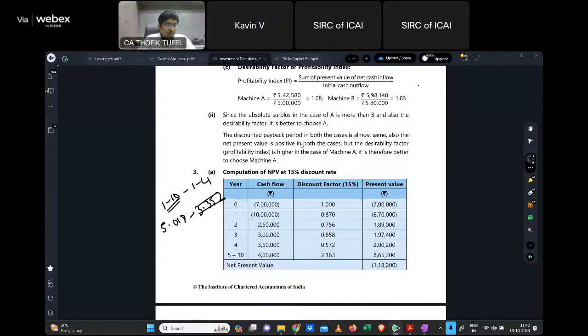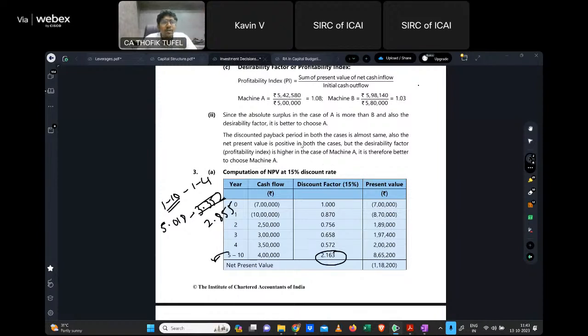So 1 divided by 1.15, 1, 2, 3, 4. You are getting 2.855. So once you do minus from 5.018, you will get 2.163. This is how you have to calculate the mid annuity.